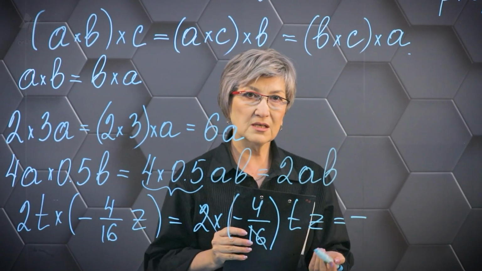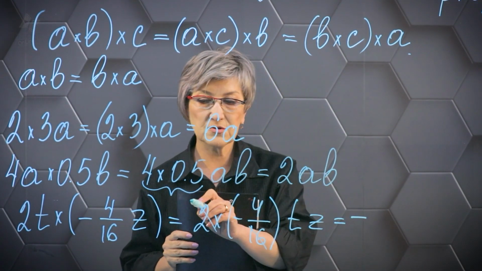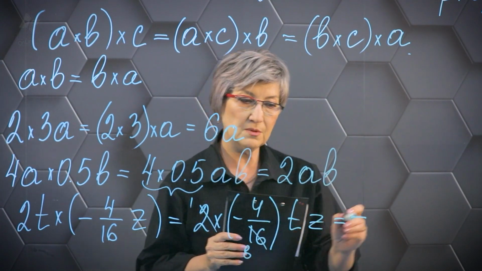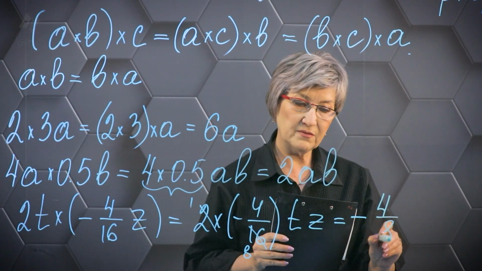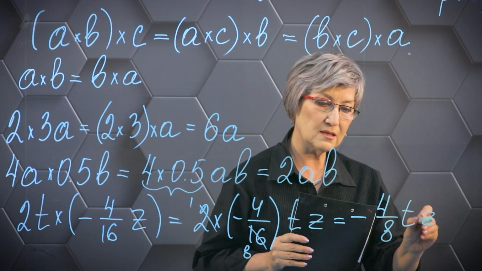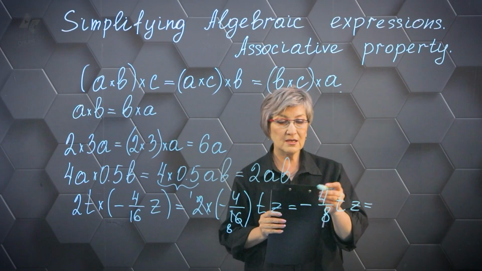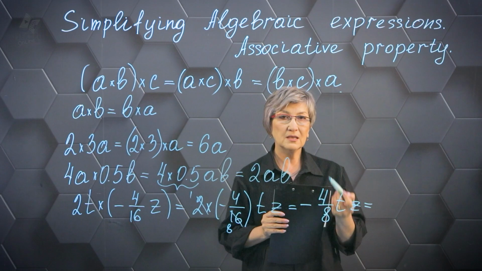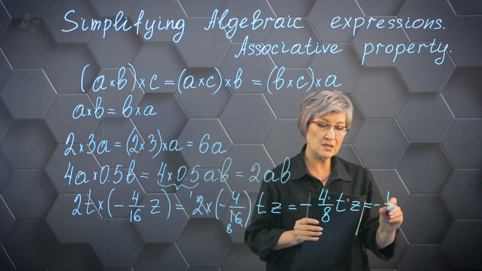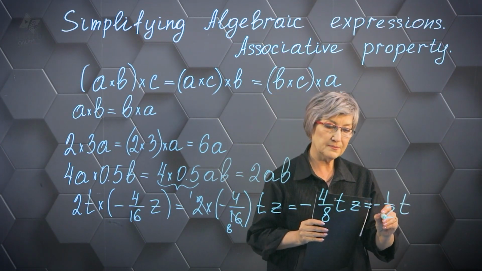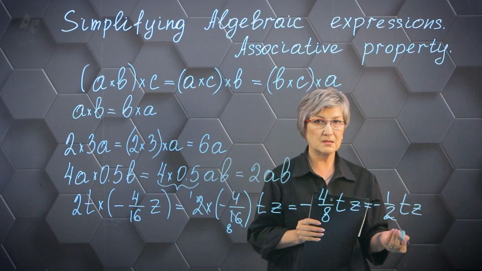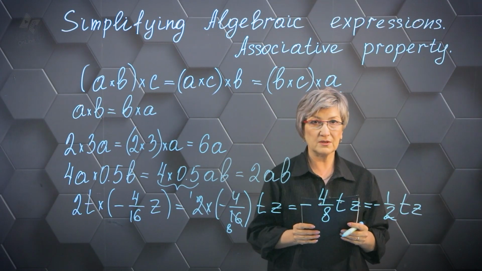Let's divide 2 and 16 by 2. The result is 1 and 8. Minus 4/8 tz. But minus 4/8 we can also reduce and divide the numerator and denominator by 4. The result is minus 1/2 tz. That will be our answer.